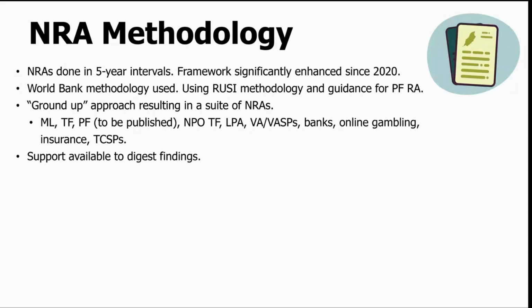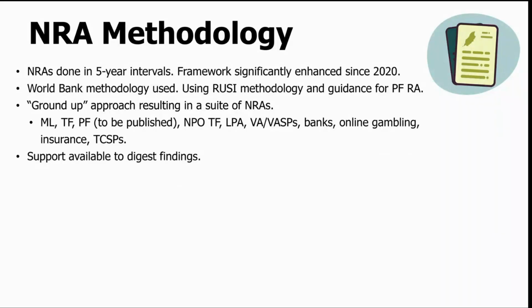All the risk assessments use the World Bank methodology like we did previously. It's a well-established and adopted methodology, the only exception being the forthcoming proliferation financing risk assessment, where we have used the Royal United Services Institute methodology and guidance, which is much more tailored towards proliferation financing.